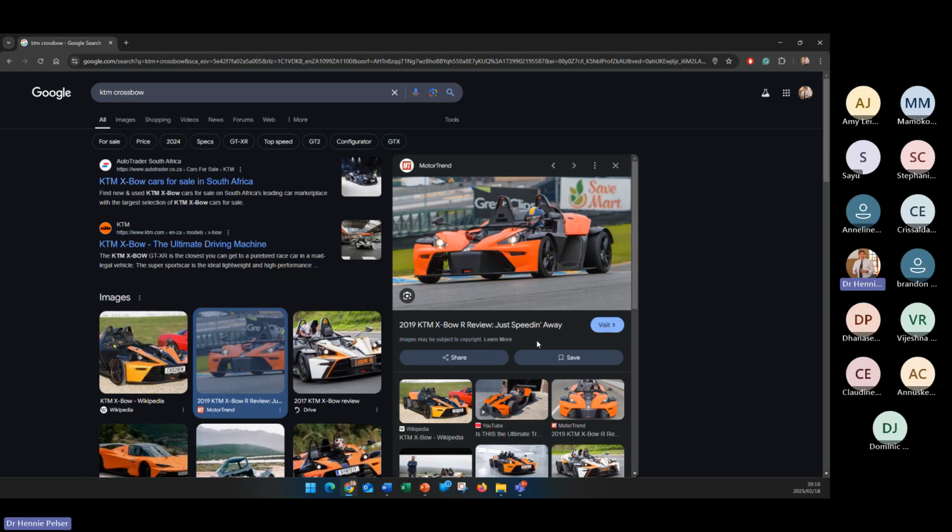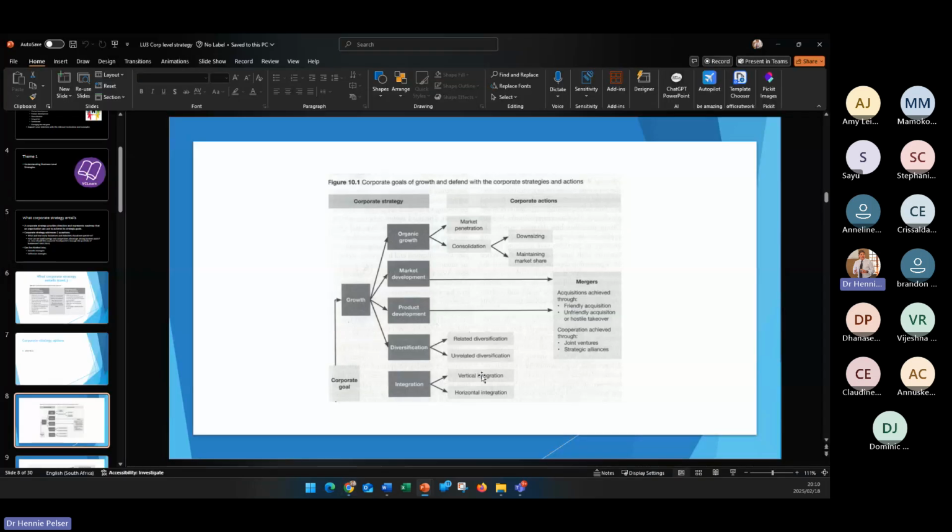Hyundai, for example, known for SUVs and vehicles, I see that Hyundai's double cab 4x4 bakkie has landed in South Africa. So the difference between your related and unrelated diversification: related, we stay within our core technology. Unrelated diversification is where we move away from our core technology.